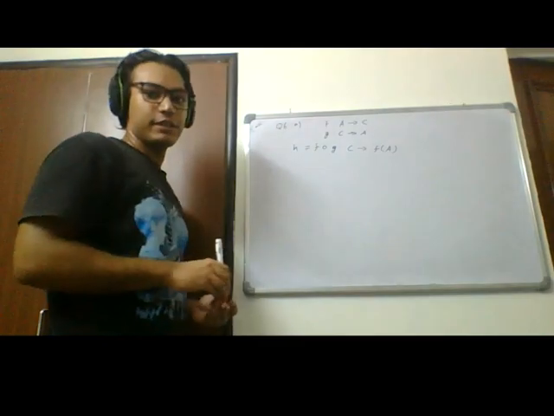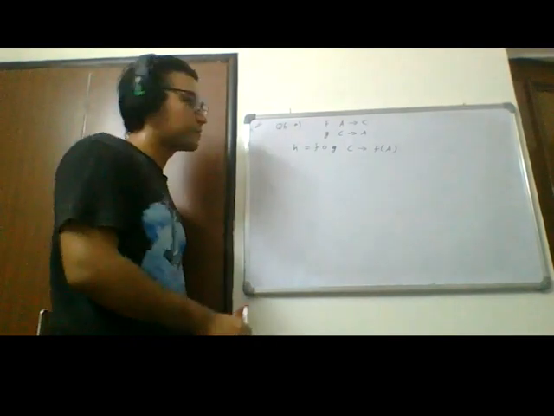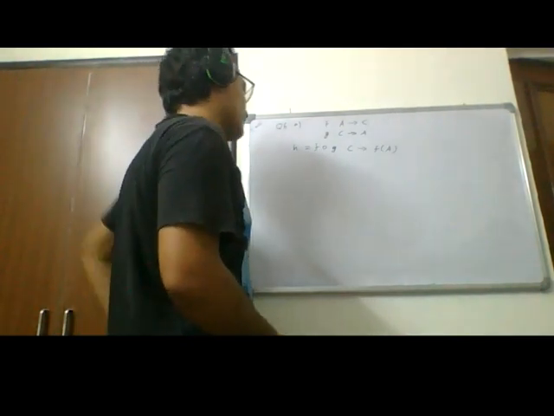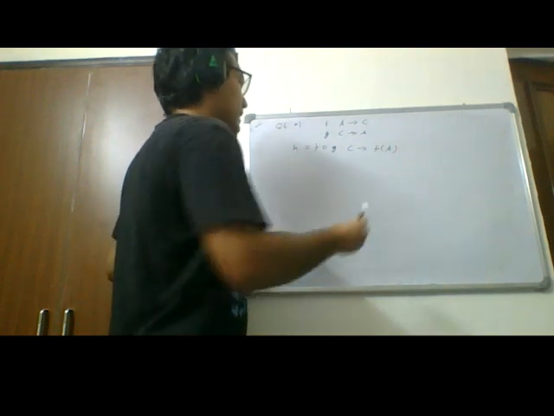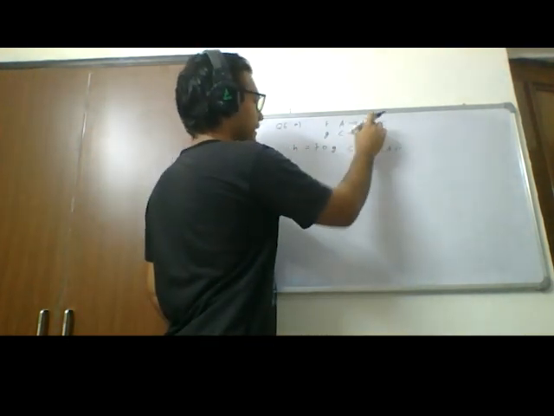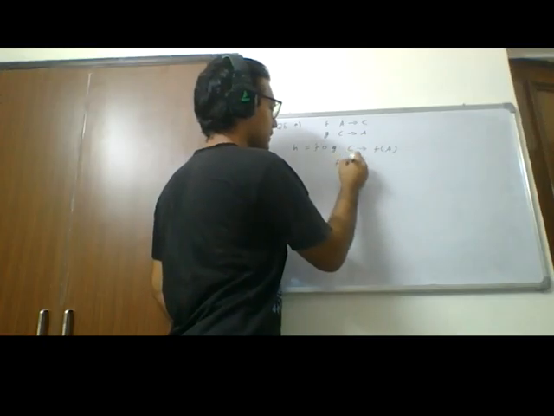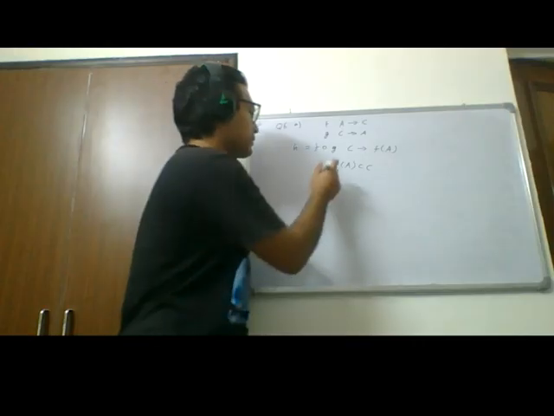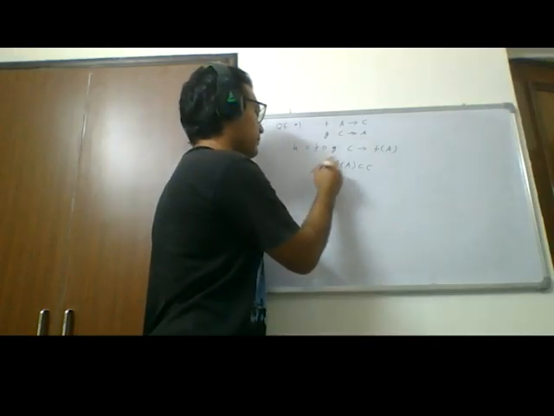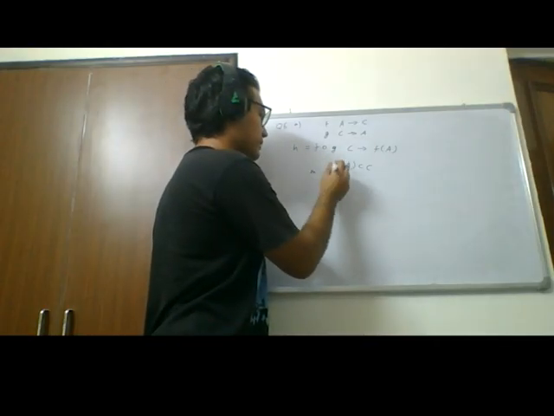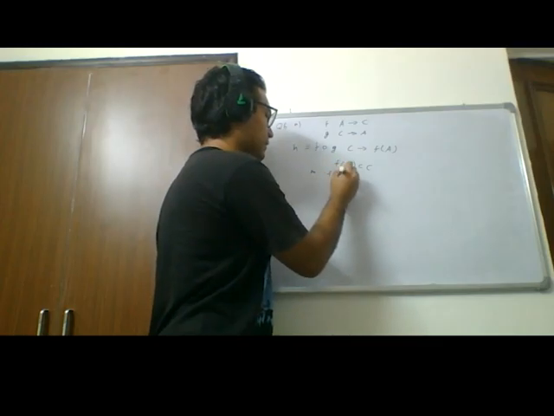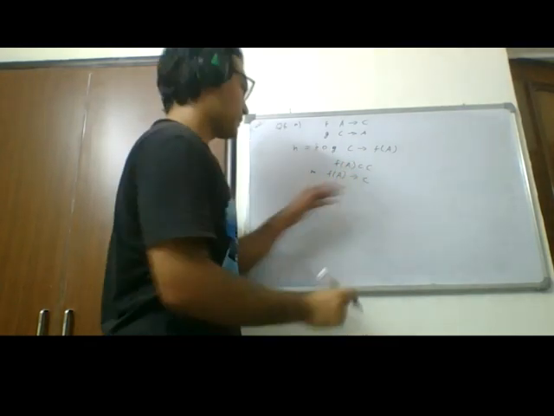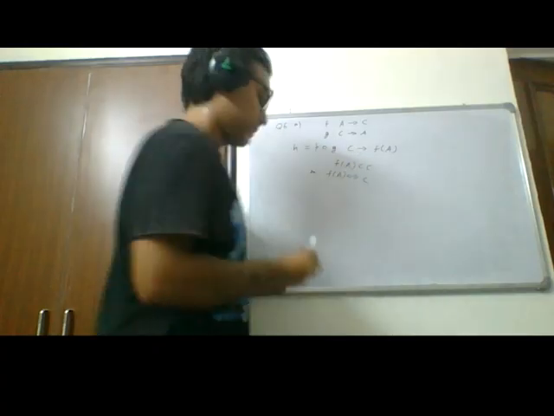So h is an injective function because of composition of functions. Now observe that f of A is a subset of C. So by part A, there's going to be a bijective function, we'll call it M, from f of A to C.